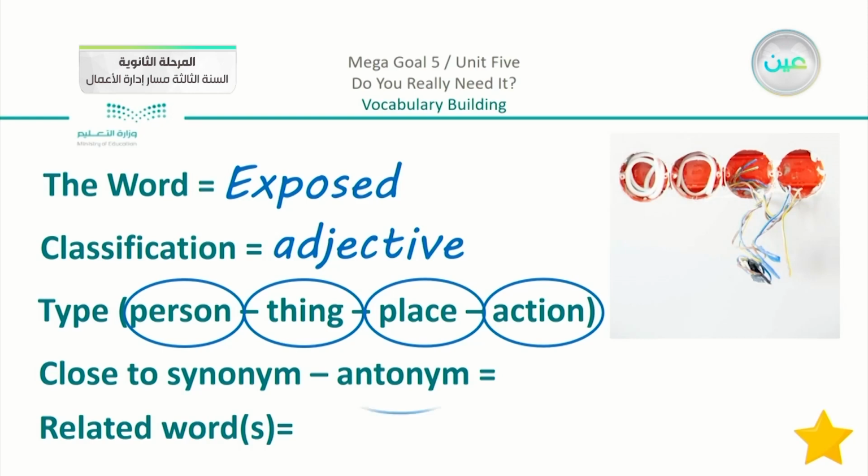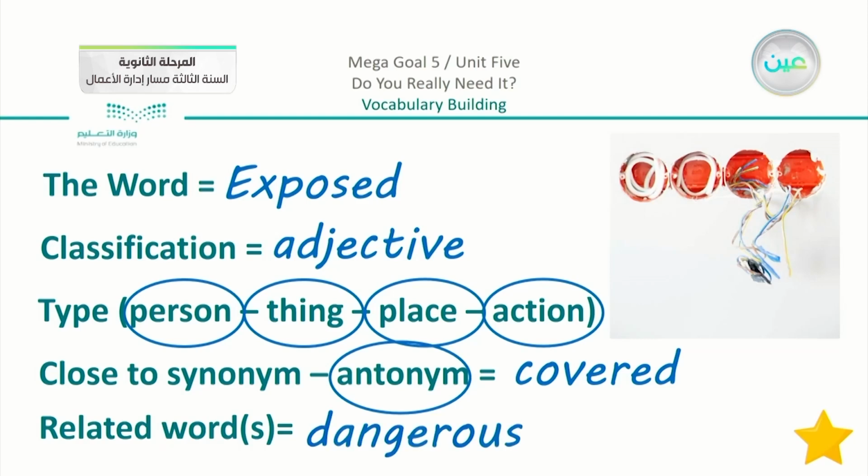Also, we have something that is the opposite of exposed. We can say that covered is the opposite of exposed. So something that is exposed is something that is uncovered. And we have something also related, which means dangerous. Just keep in mind that there are a lot of things that might be exposed and might be dangerous at the same time. Now moving back, we have finished 4 words.